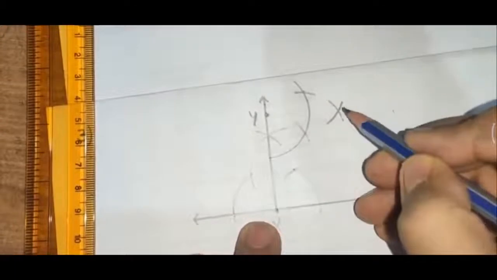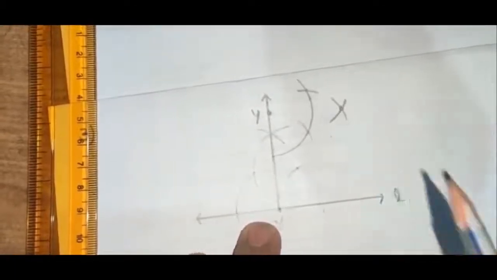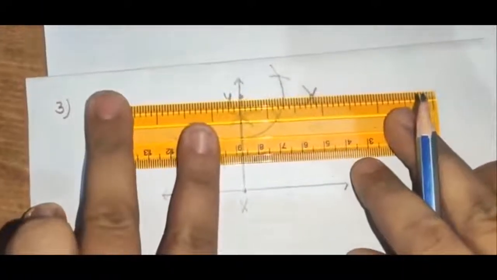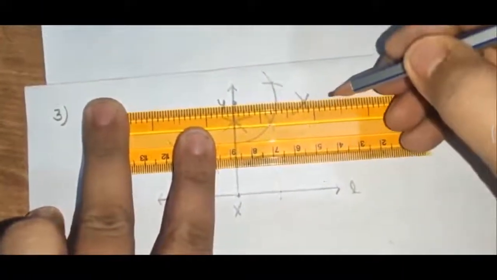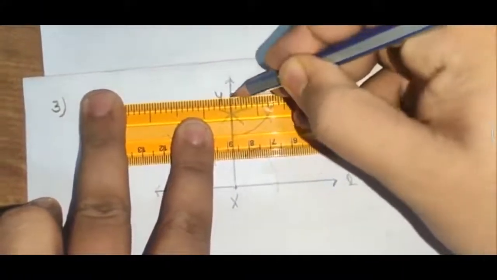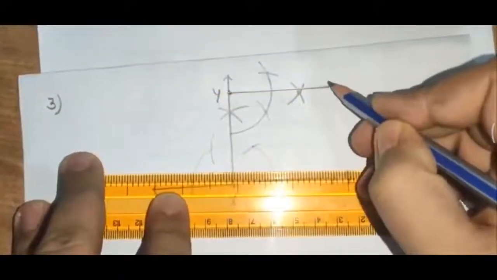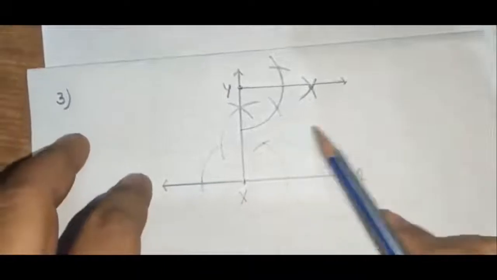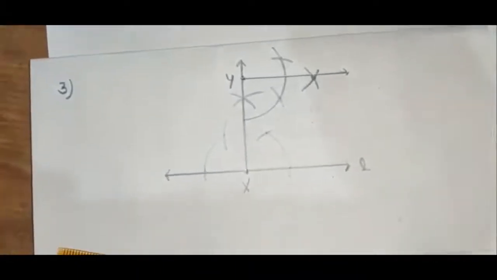Now you will join this point to Y. So here you can see this is the perpendicular from Y. So in this way you are required to draw this.